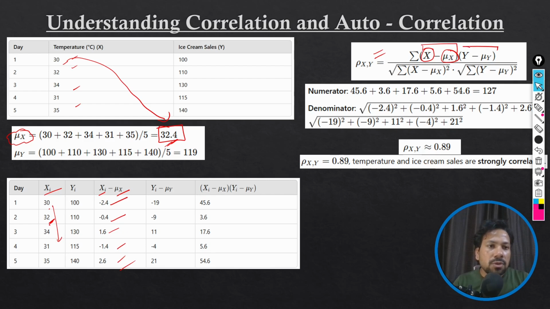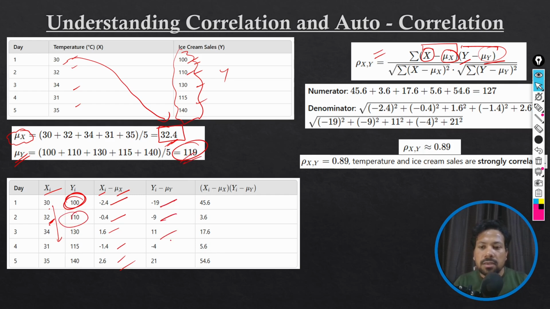Now it is saying that you have to subtract the mean from each observation again, this time for the ice cream sales. Here, each observation denotes y, and its mean denotes mu y. So first I have calculated mu y, and now I have subtracted the mean from each of these observations. So 100 minus 119 is -19, and again and again.